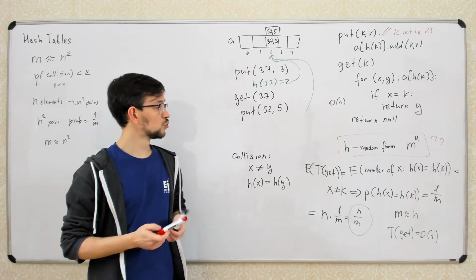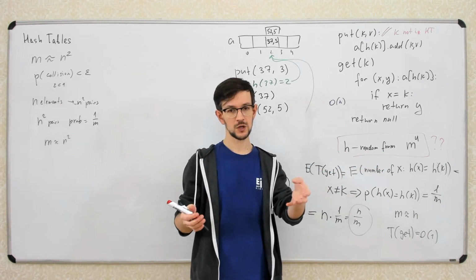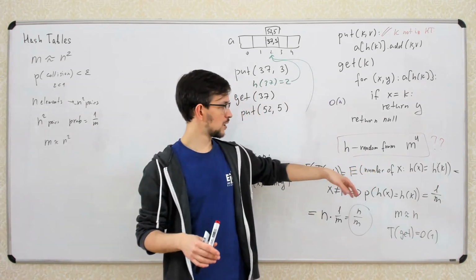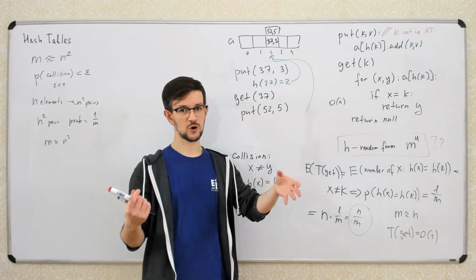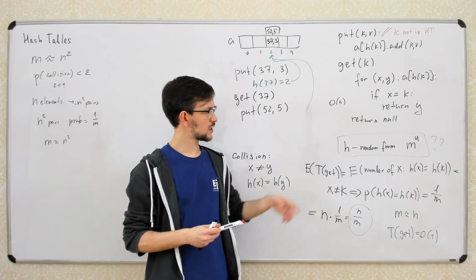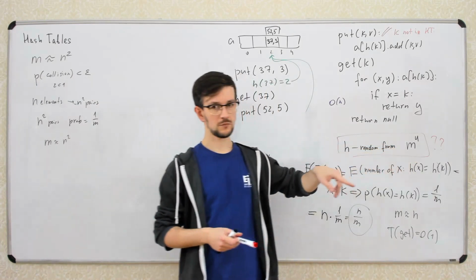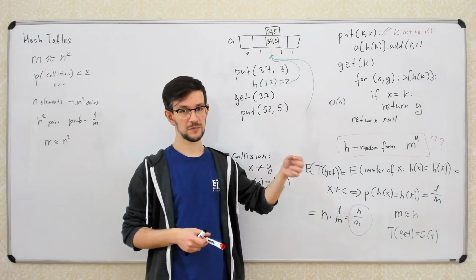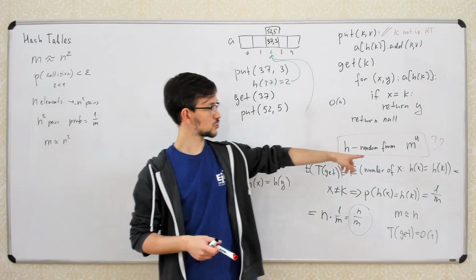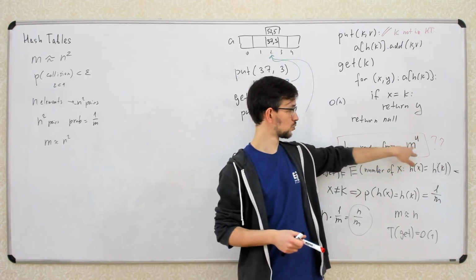Because just to pick the random value, so just to save which value you picked, you need some logarithm of this number of bits to store your hash function. So you have something like u log m bits, and you don't want to spend u log m bits because u is huge.